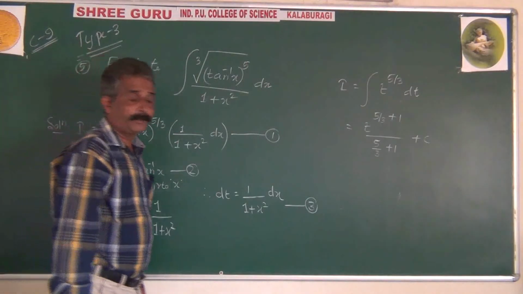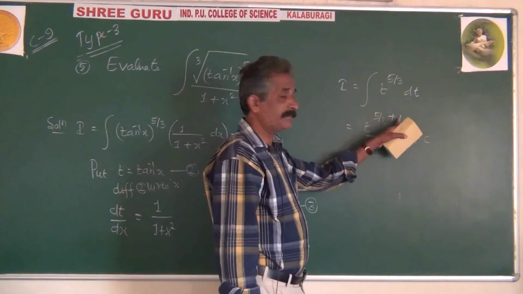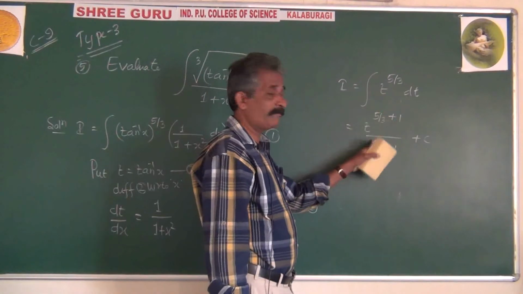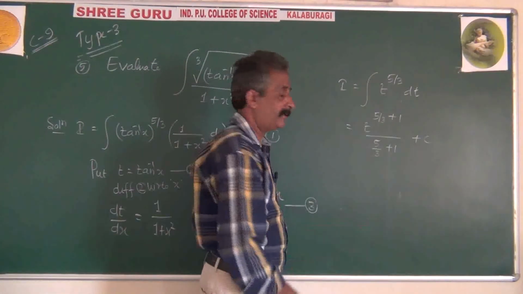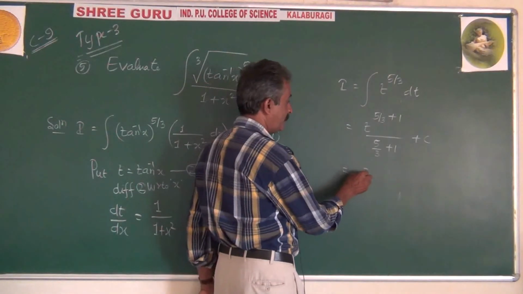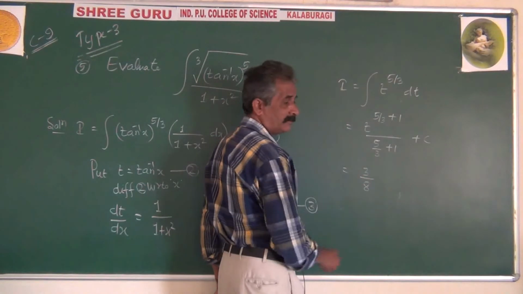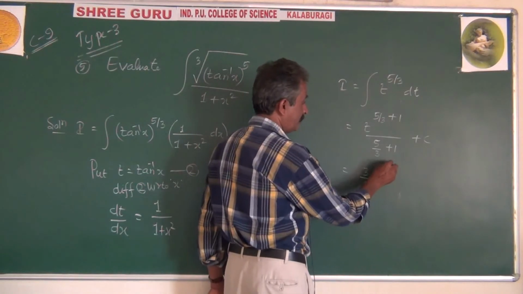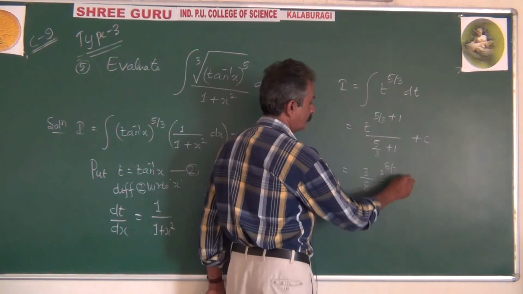But 5 by 3 plus 1 will become 3 plus 5, 8, that is 8 by 3, so 3 by 8 into t power 8 by 3 plus c.